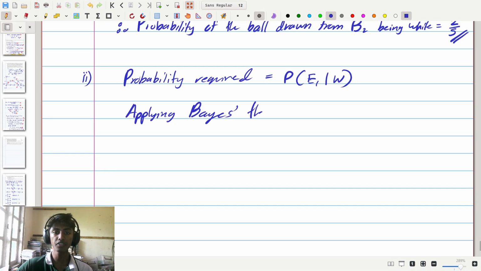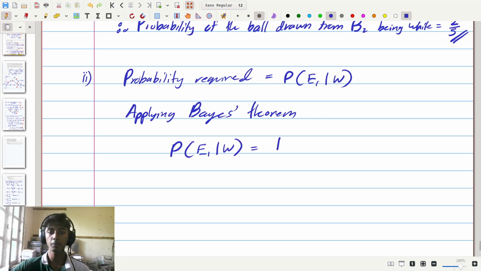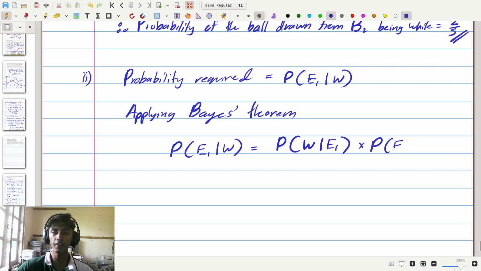Now applying Bayes' theorem, what we can see is that the probability of E1 given W is equal to the probability of W given E1 times the probability of E1 divided by the probability of W.